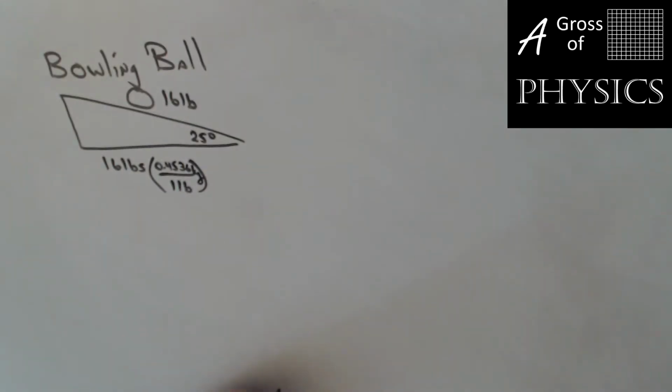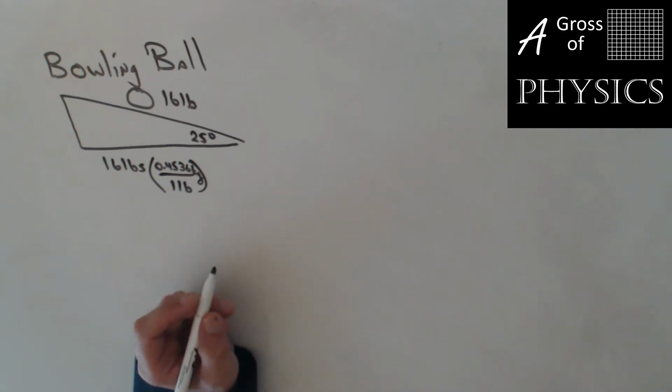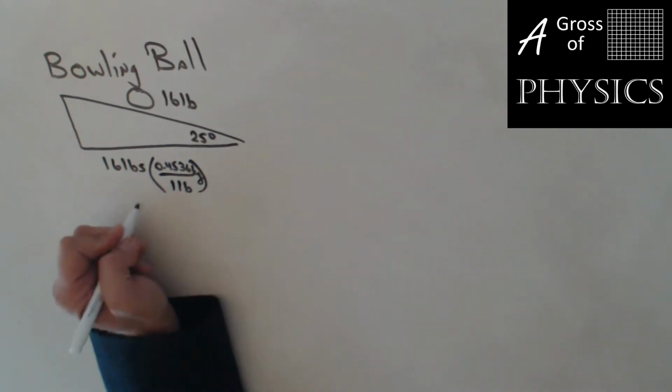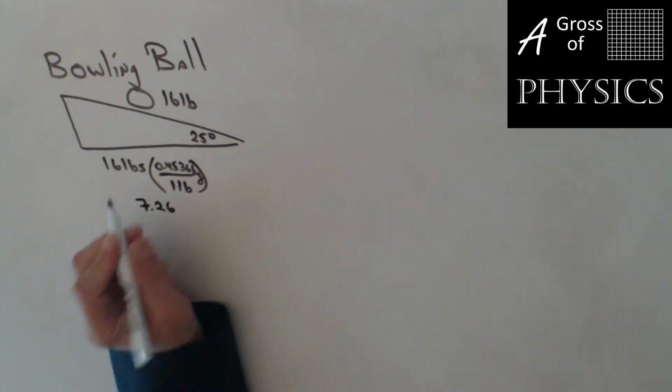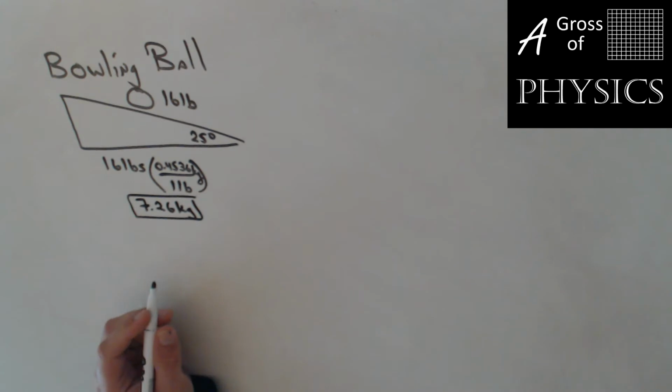So if we take our calculator and do 16 times 0.4536, we end up with 7.26 kilograms. So now we know the mass of the ball.